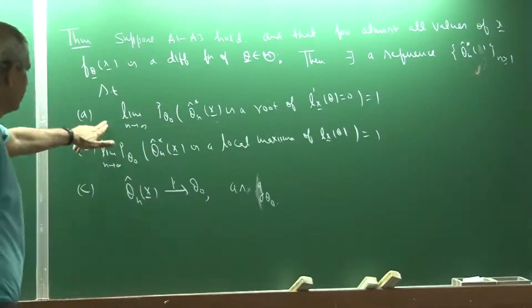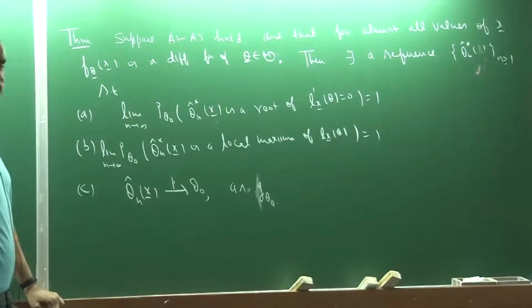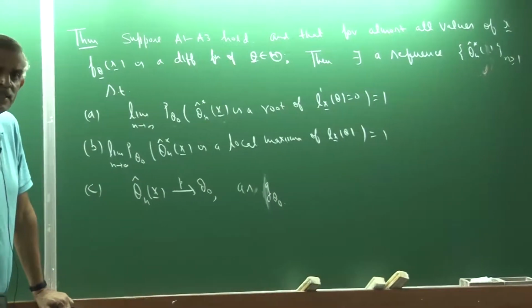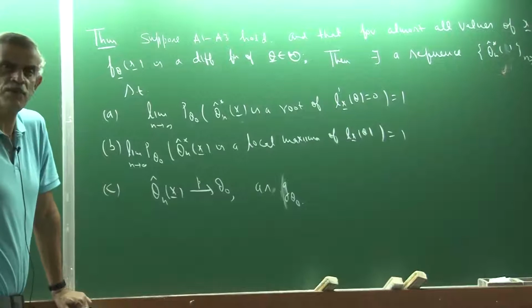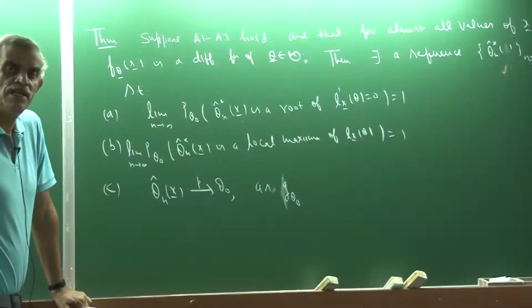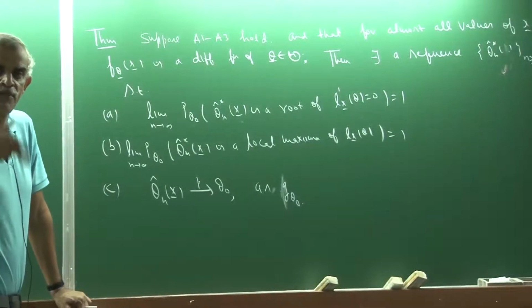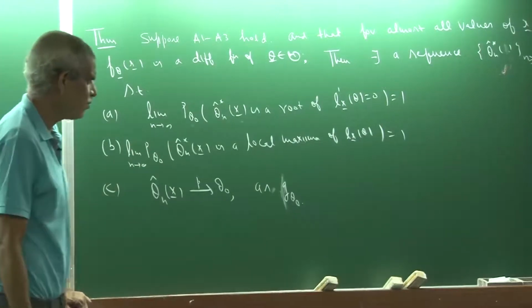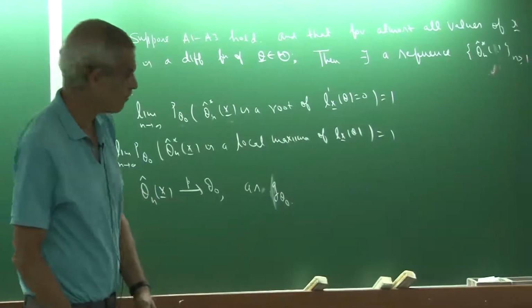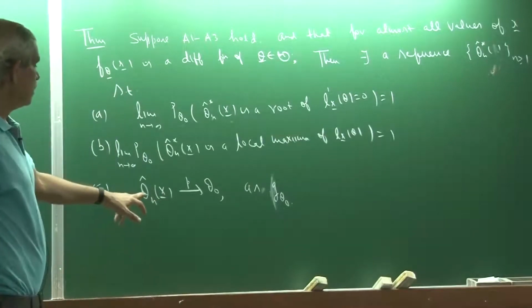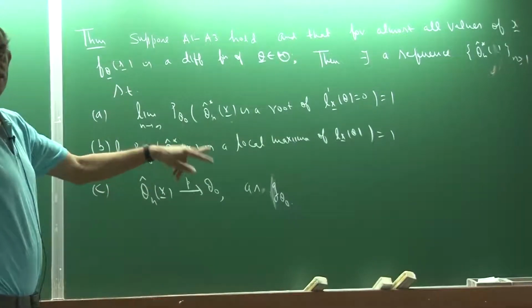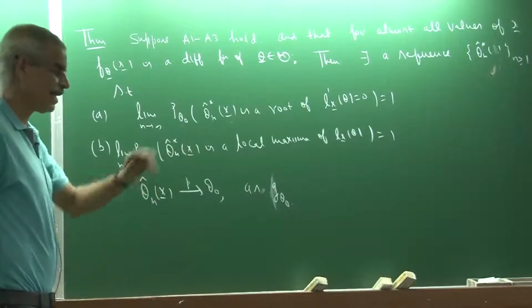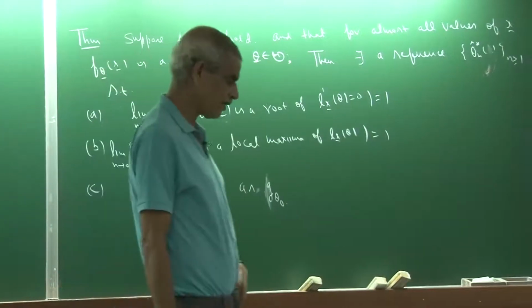That is what part A is saying. Second thing is saying not only that, such a sequence would correspond to a local maxima as n goes to infinity. As sample size becomes larger and larger, the probability that theta n hat star x is a local maxima is 1. Not only that, such a sequence would be consistent. As n goes to infinity, theta n hat star x goes in probability to theta naught.